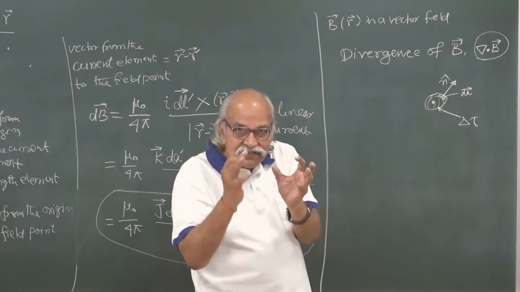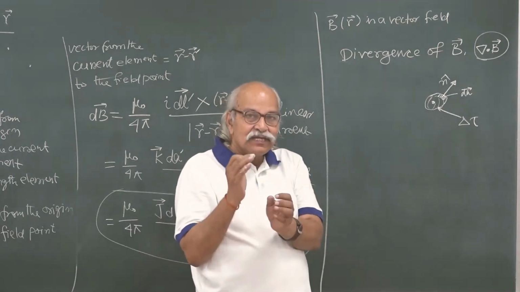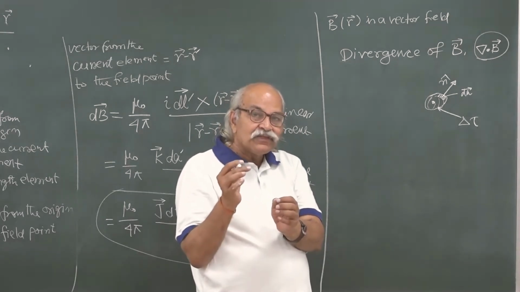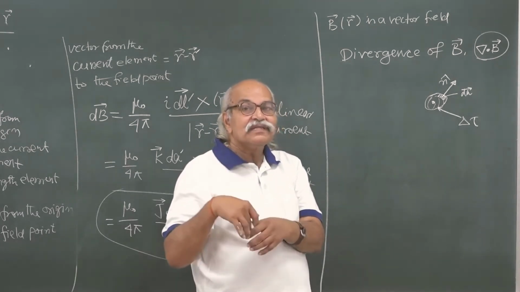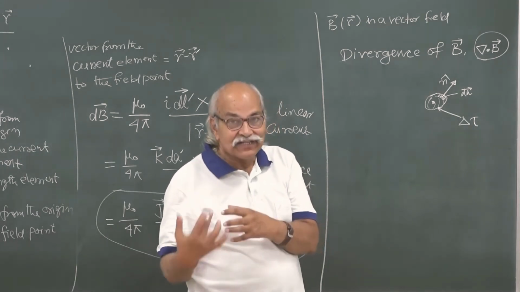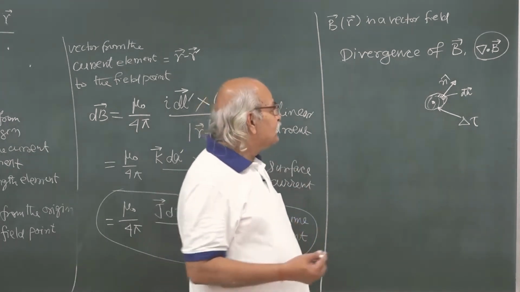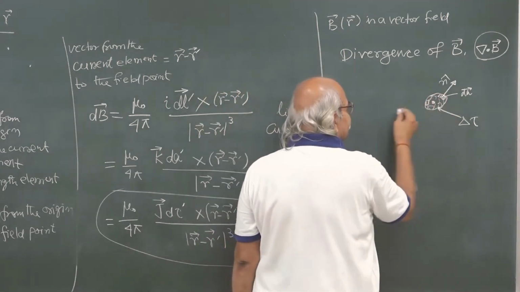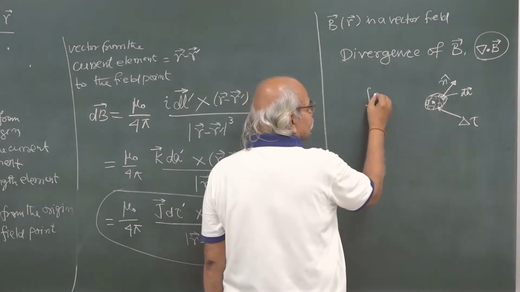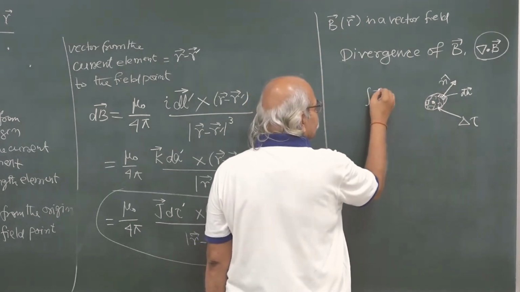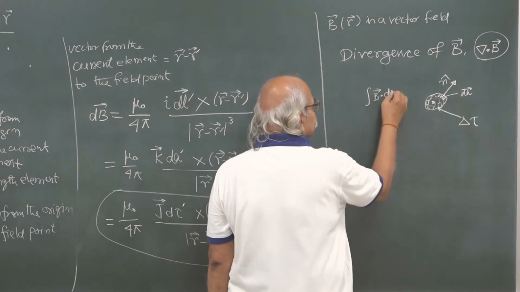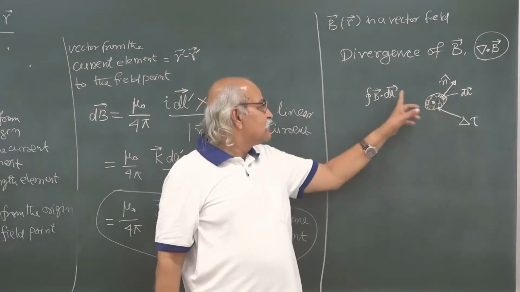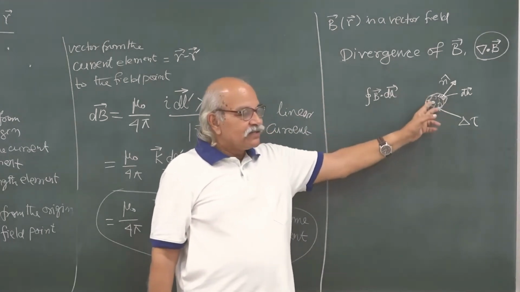So, on the surface you take a small area and on that area you draw a normal in the outward direction, and do it for all the sides, everywhere, and construct this quantity B dot dA.